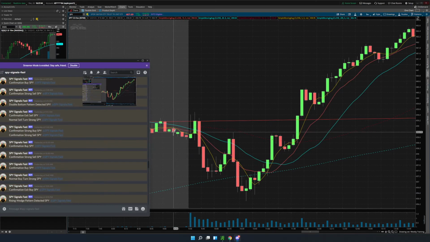Remember, it waits for this candle to close. So this 9:10 candle, you would have gotten the alert at 9:15, but it waited on this 5-minute candle to close from 9:10 to 9:15. And so that was the strong sell signal. Okay?